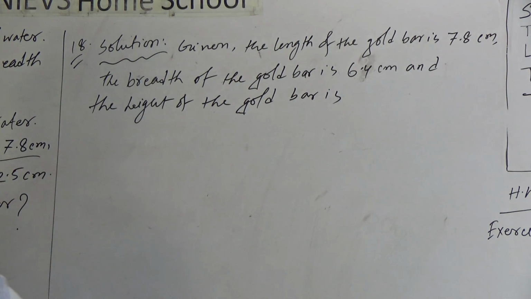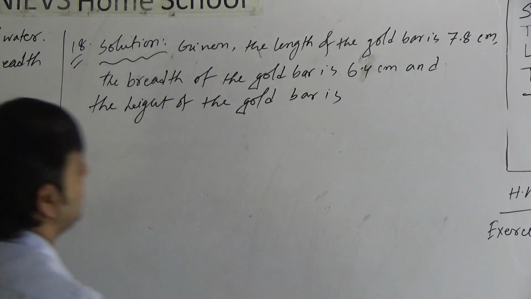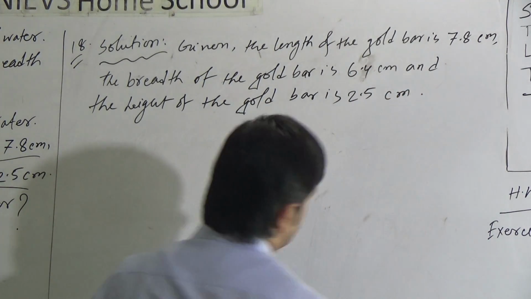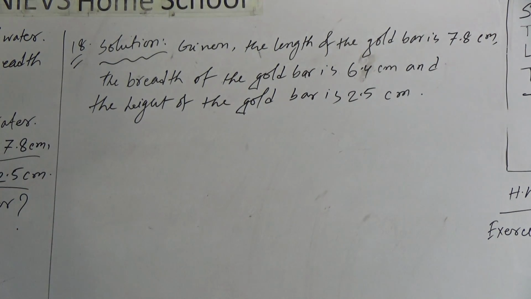Here length is 7.8, breadth is 6.4, and height is 2.5 centimeter. So easily we can determine the volume of the gold bar.